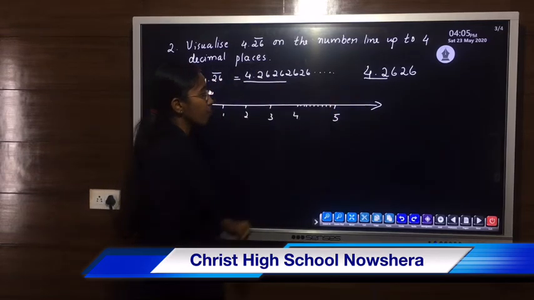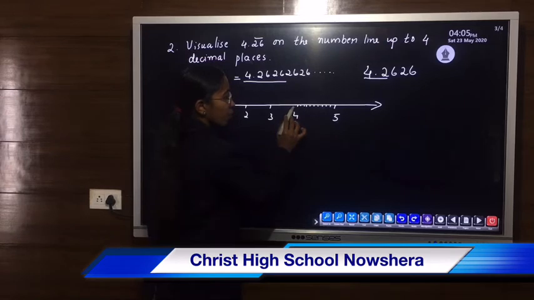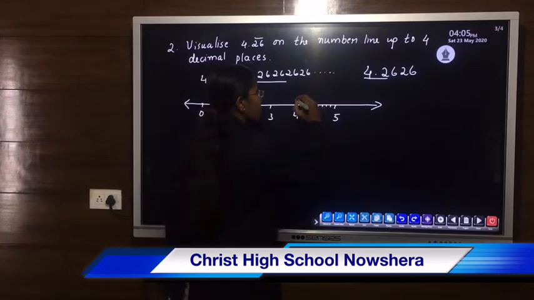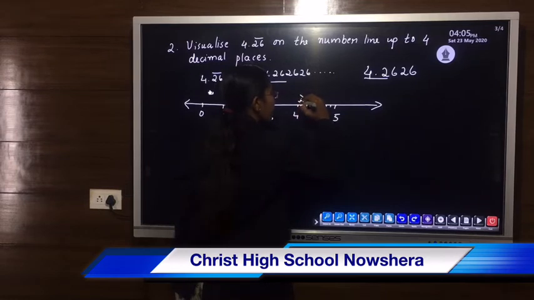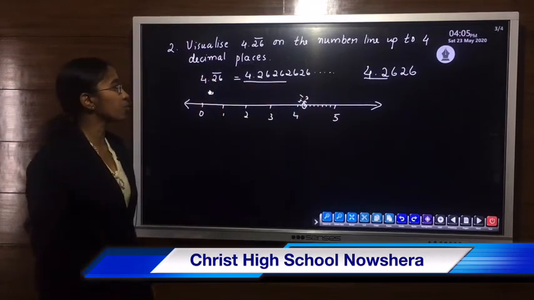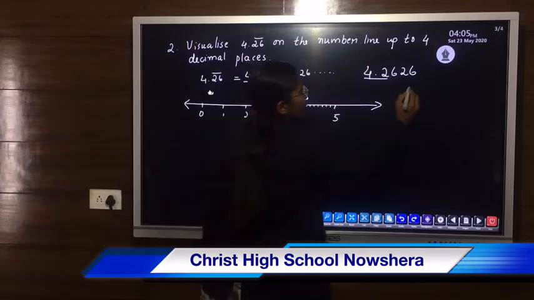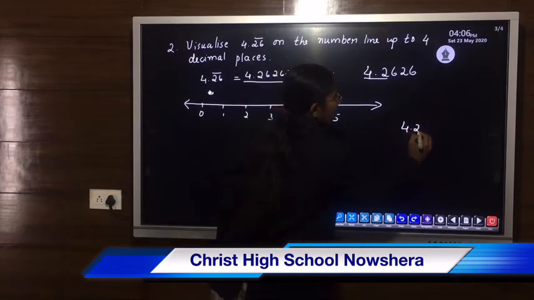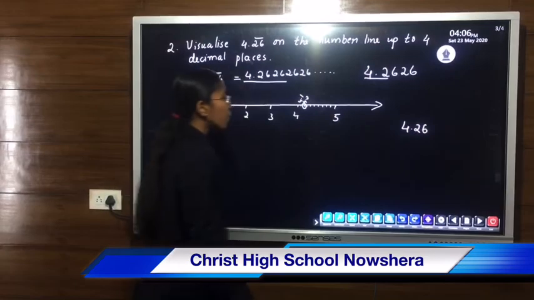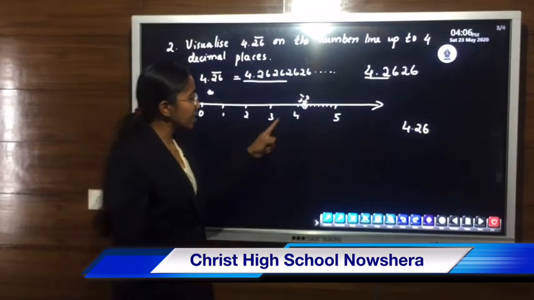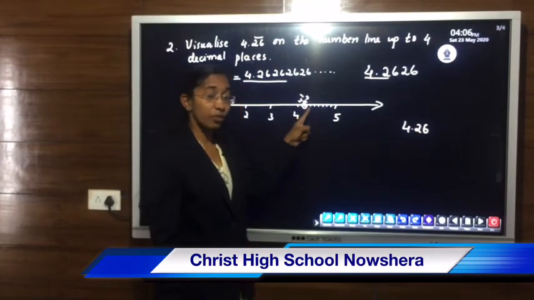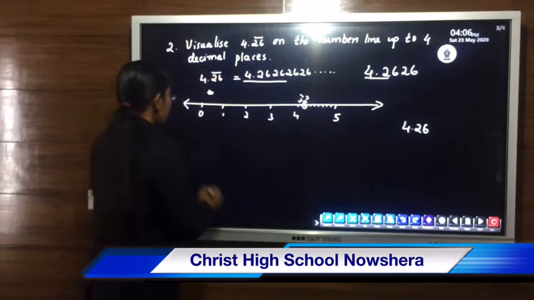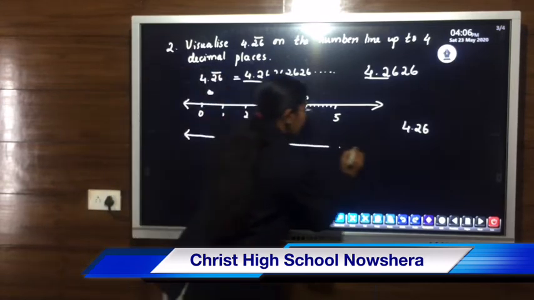Then what is 4.2? The right side of 4, the first point is 4.1, the second one is 4.2. So this is 4.1 and this point is our 4.2. Now take 4.26. So 4.26 lies in between 4.2 and 4.3.